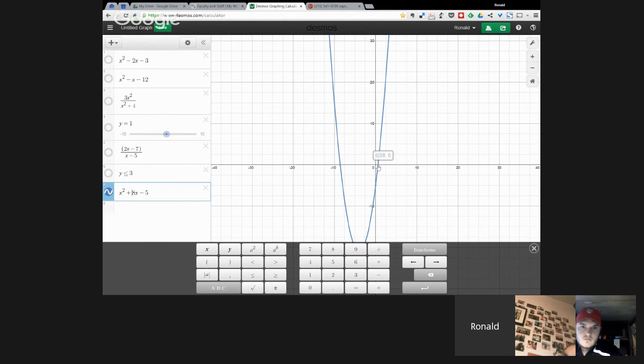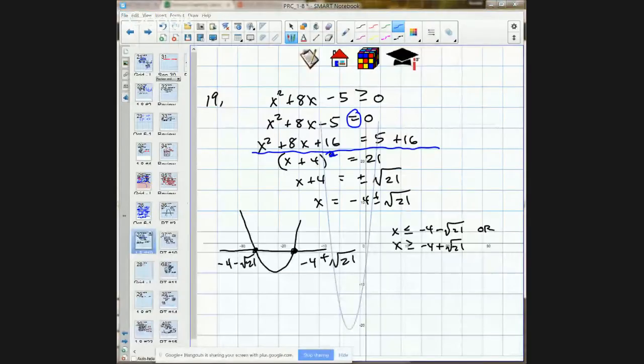Those are the decimal answers for these two that I have here, negative 4 minus the square root of 21 and negative 4 plus the square root of 21. Those are the decimal forms. So the graph that I have in the background here is the one from Desmos.